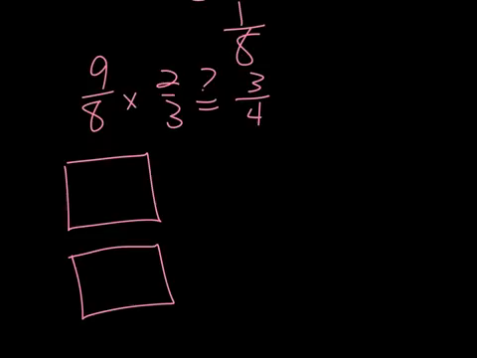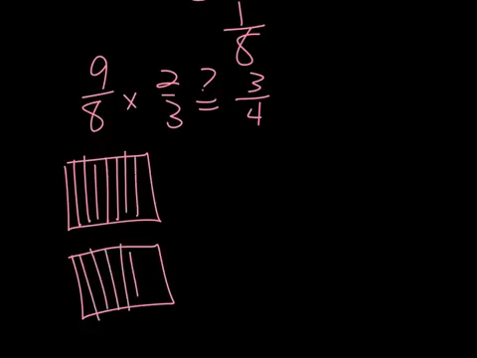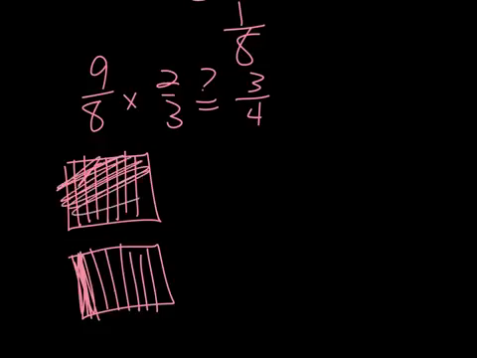On this one we only get 1, and this one we get the whole thing because that's 1 1/8. Okay, times 2/3. So we're cutting it into 3 pieces and seeing how many, and only taking 2 of them because I don't want all the thirds. I just want 2 out of every 3.